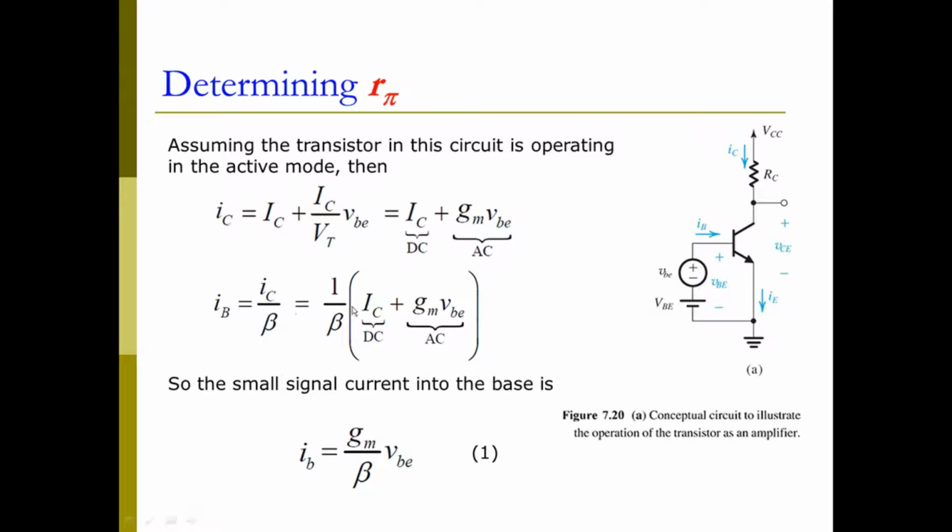If we plug in iC here, we have this formula. As we notice, the first portion is the DC component, and the second portion is the AC component. The AC component divided by beta gives us the small signal current into the base, that is small ib here.